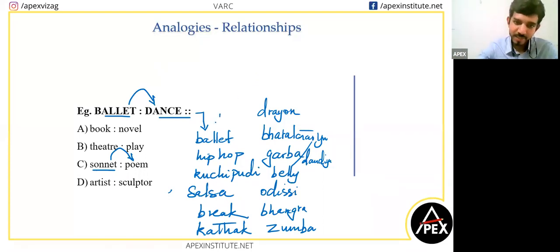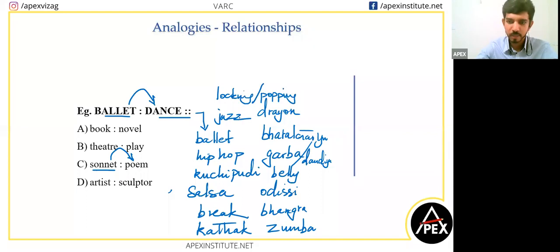This is a good one. Okay, jazz is interesting. Jazz is a form of dance. Okay. Then there's something that people do and practice on the streets also. See, locking and popping. This is some kind of dance. Maybe it is break dance or some new version of break dance. Someone has put noggin dance. Yeah. This we have all done after a few drinks. Noggin dance. Bathroom dance. Wow. Very nice.